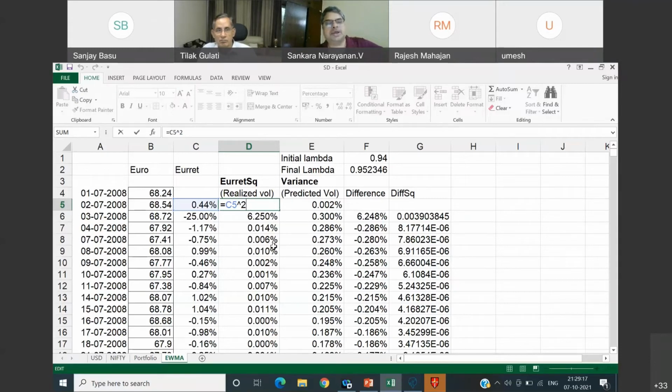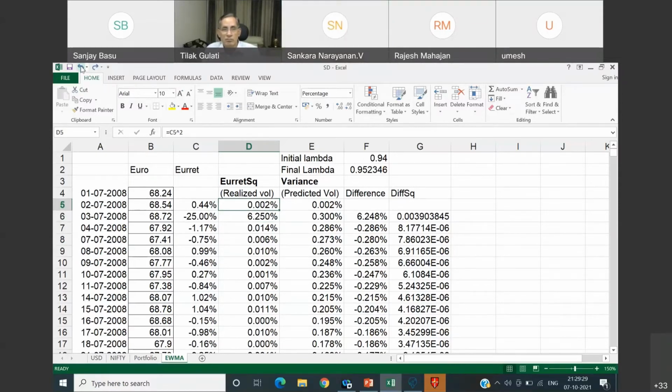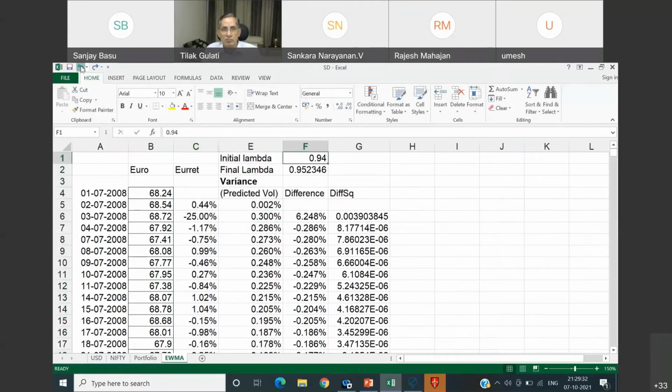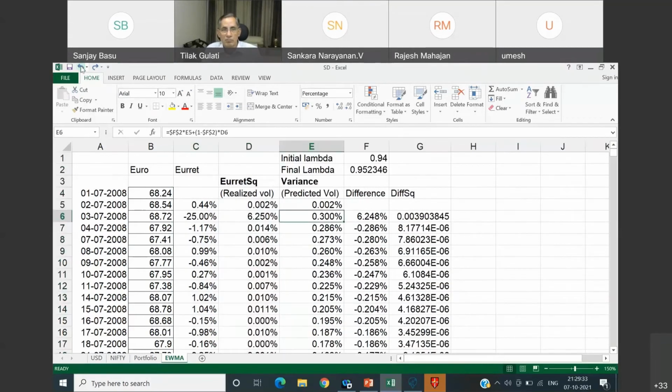Which you want to forecast beforehand. Basically, realized volatility is future data. Hold on. Let me clarify your question.